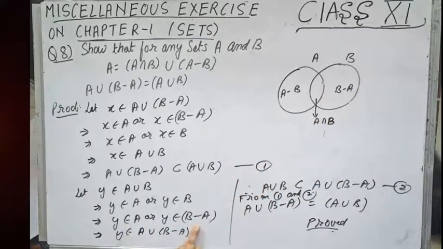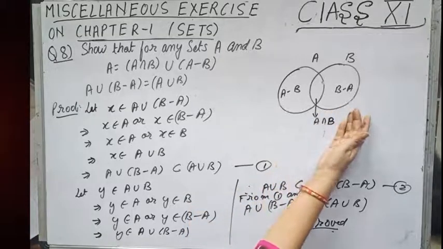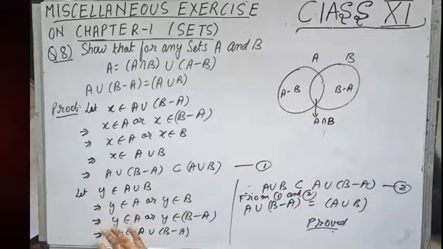Children, take care and understand it properly. This is valid for this statement. We cannot say in general that if it belongs to set B, then it belongs to B minus A as well. For this question, this is implying this. So let us move to the next question now.